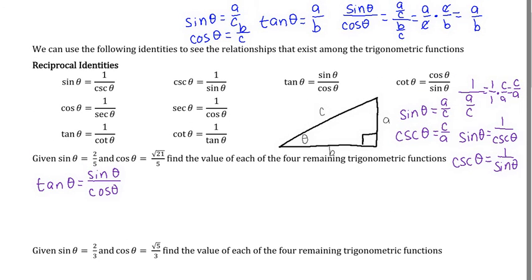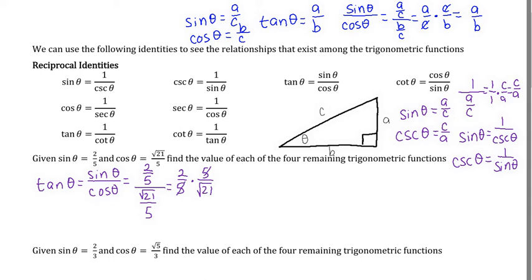All right, so back to where we left off. Tangent theta equals sine theta over cosine theta. So now we have tangent theta is equal to 2/5 divided by square root 21/5, which is equal to 2/5 times 5 over square root 21.